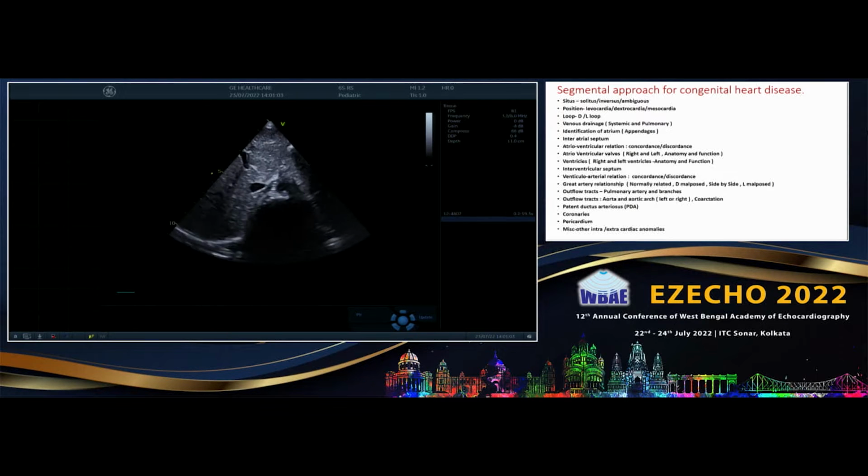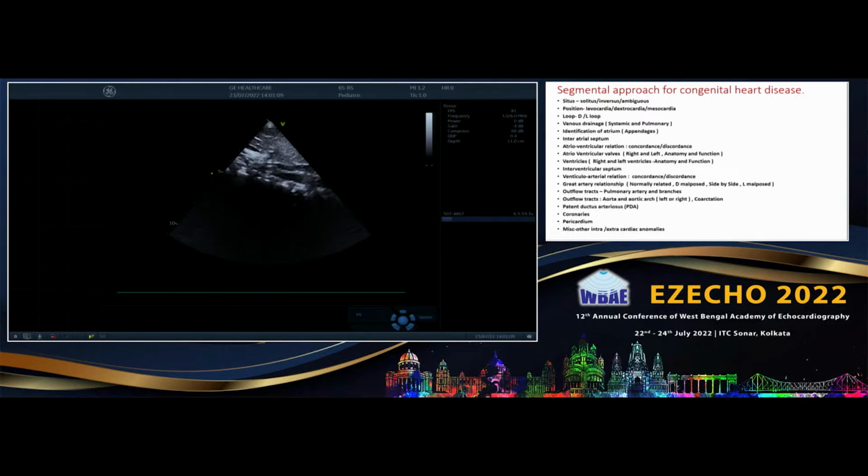To further confirm it, you can just rotate it 90 degrees, and tracing it with a left side tilt, you can see the aorta with its branches, which further confirms that the aorta is to the left side.